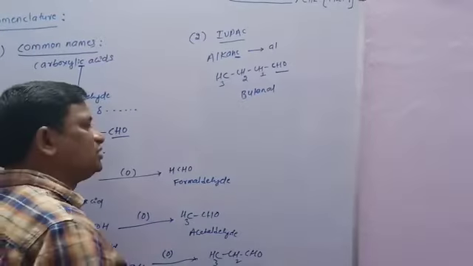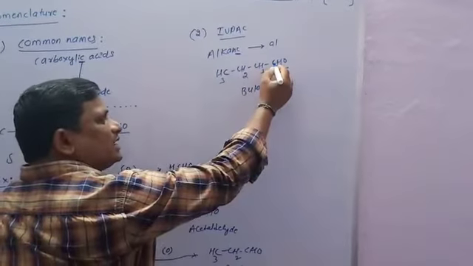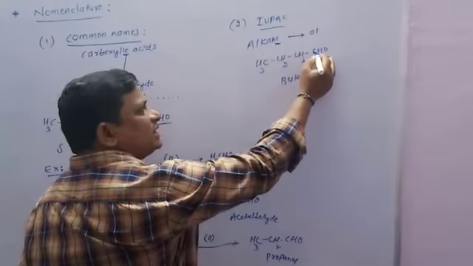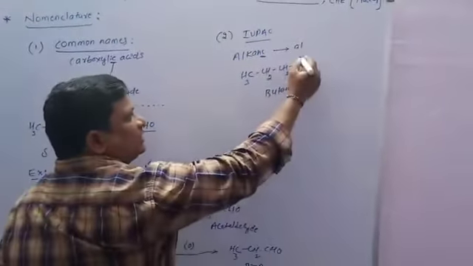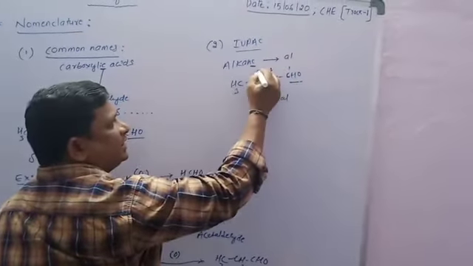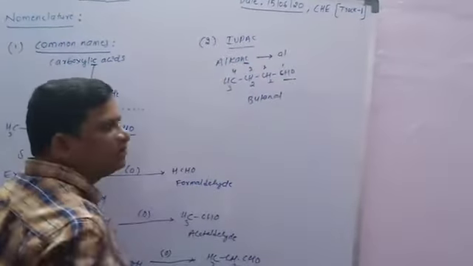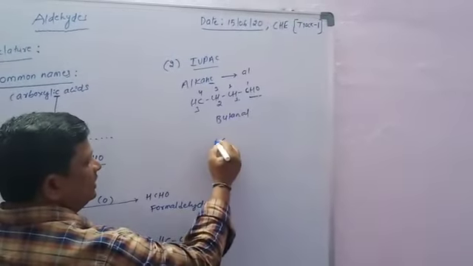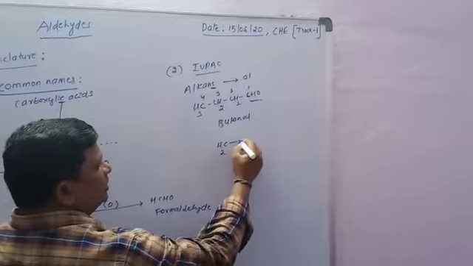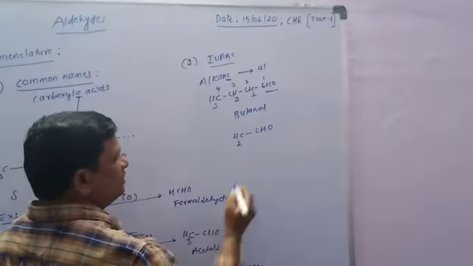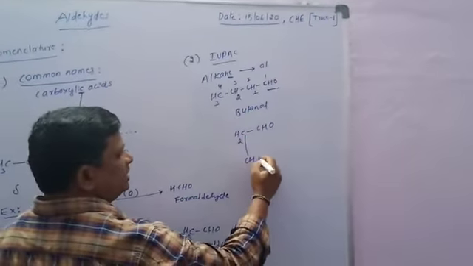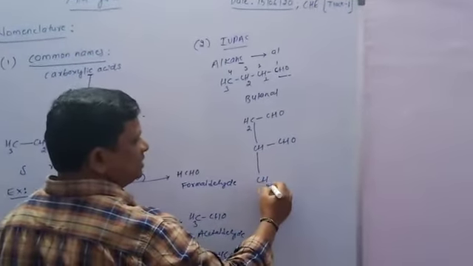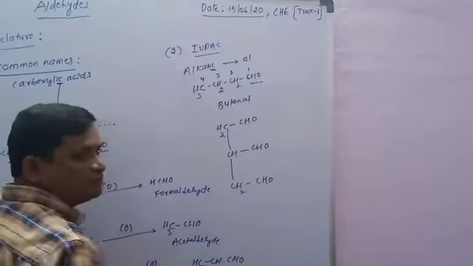Generally, in the IUPAC system, the carbon present in the functional group is also considered part of the parent chain. So it is the first carbon, second carbon, third carbon, fourth carbon. For example, let us consider CH2CHO, one functional group, then CH(CHO), then CH2CHO.